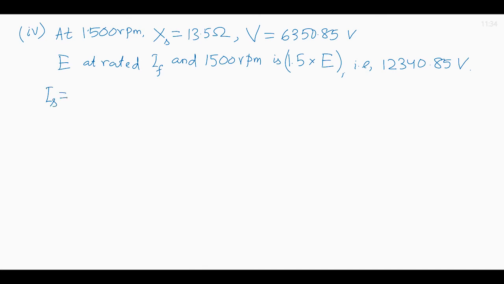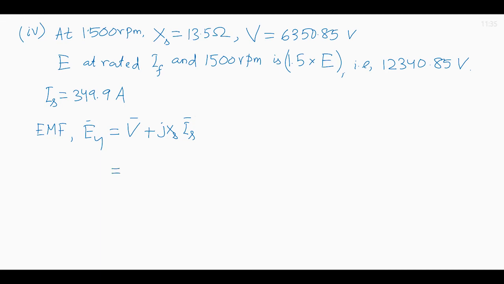Rated current IS, that is 349.9 ampere, is also the current in this part. So, what is the corresponding EMF? E4, let us write, is voltage V plus jXS into IS, reactance drop.